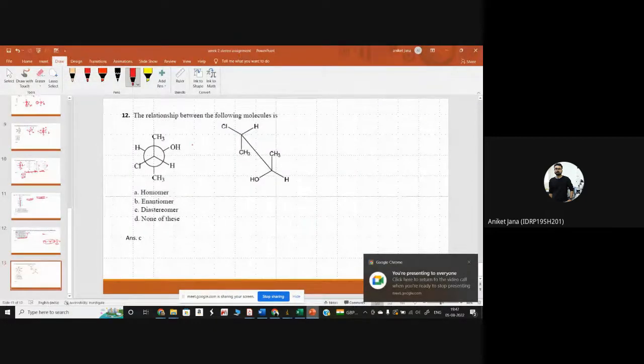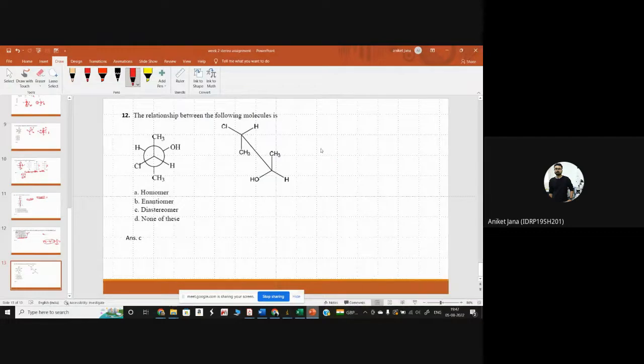How? You can convert the Newman to Fischer and the Sawhorse to Fischer. Yes, we can convert the Newman to Fischer and Sawhorse to Fischer. So let's first convert the Newman to Fischer.